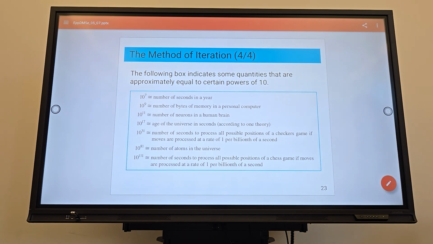And 10 to the 81st is the number of atoms in the universe. And 10 to the 111th, number of seconds to process all possible positions of a chess game if moves are processed at a rate of 1 per nanosecond. So we get to some pretty big numbers pretty darn quick.